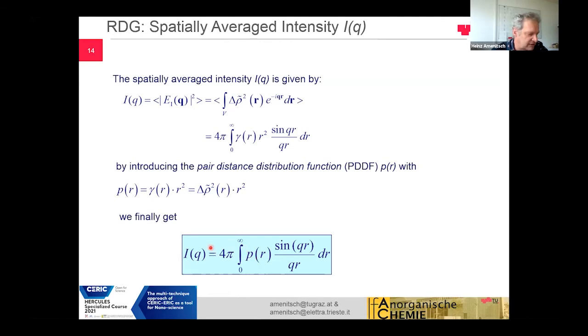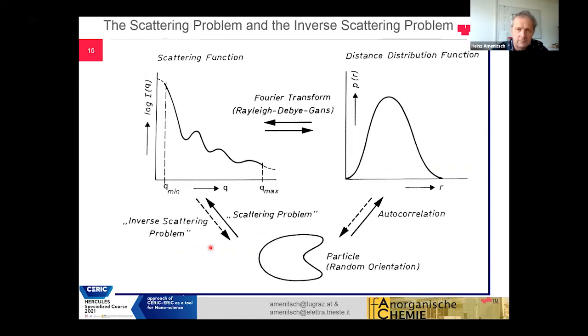So now I will discuss a little bit what you can learn about the square root convolution function. This is shown up here. This is actually the scattering problem and the inverse scattering problem. So usually you have particles in random orientation in solution, and this is what you want to learn from your experiment about the structure, shape, and dimensions.